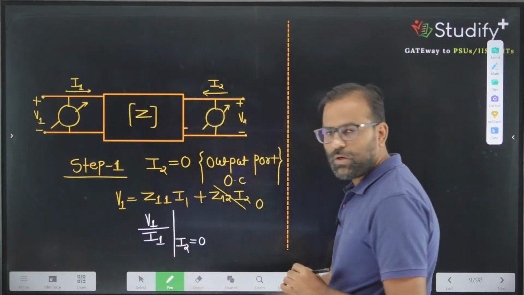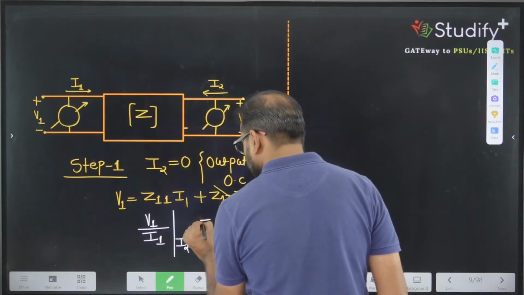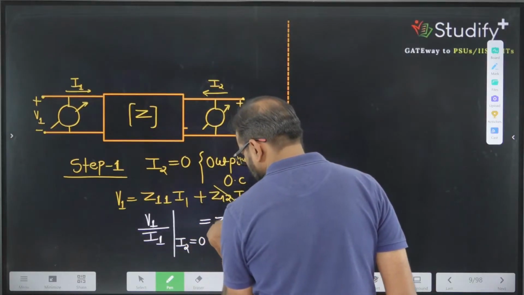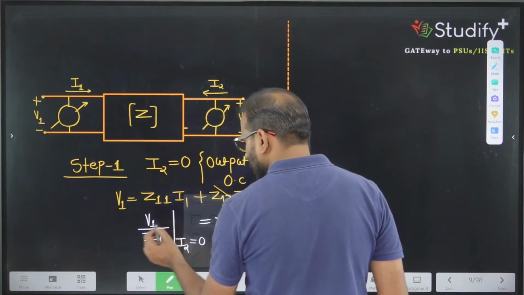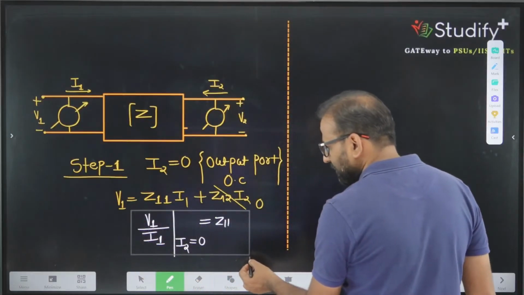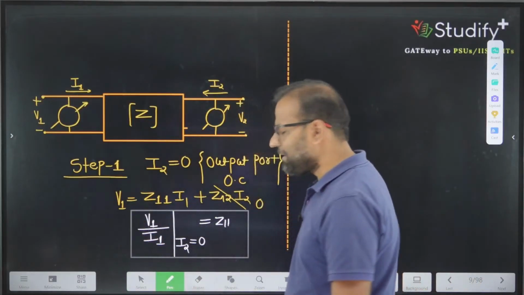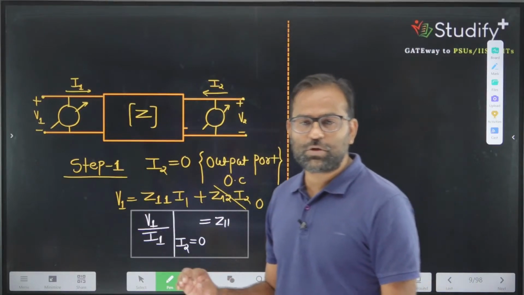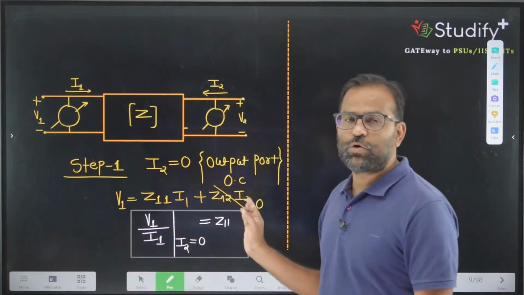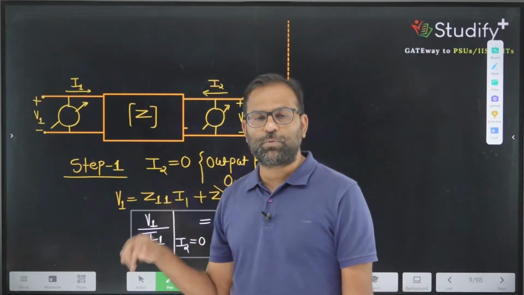And this parameter is known as the Z11 parameter, also known as the open circuited input impedance. Which port is open circuited? The ratio of input voltage to input current is Z11, and the output port is open circuited.